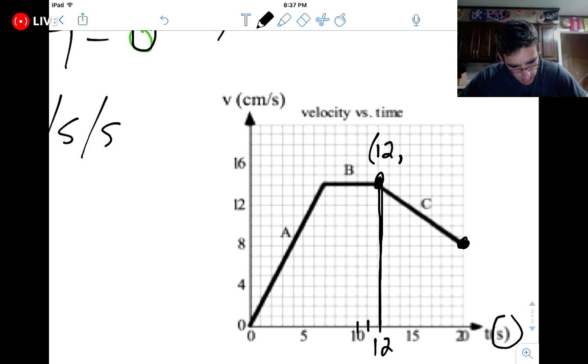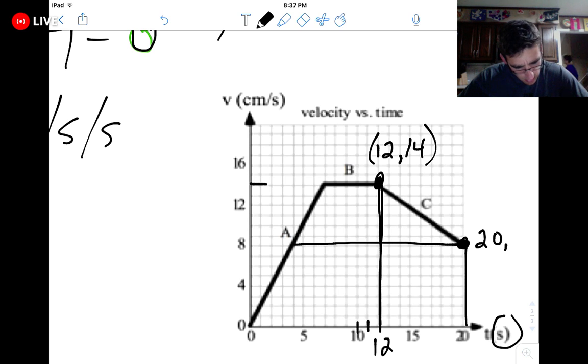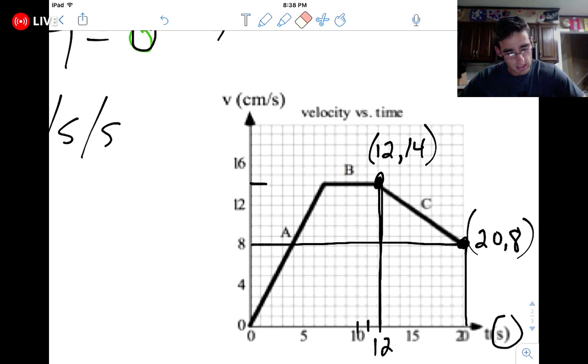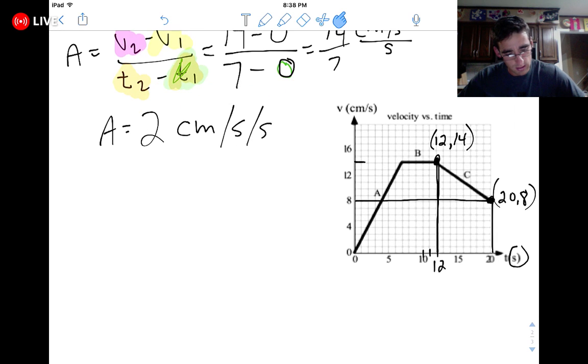And then 14. And then this one is 20. And then 8. All right, so I'm going to zoom out.